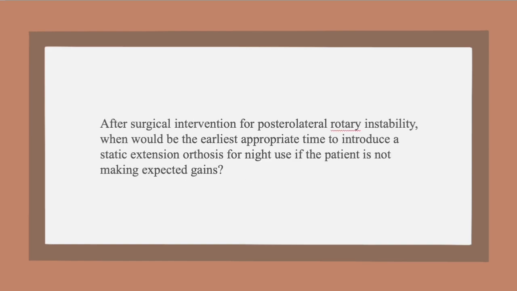After surgical intervention for posterolateral rotary instability, when would be typically the earliest appropriate time to introduce a static extension orthosis for night use if the patient is not making their expected gains? Typically, this is after 4 weeks, although you would definitely want to verify that this is appropriate with the surgeon.